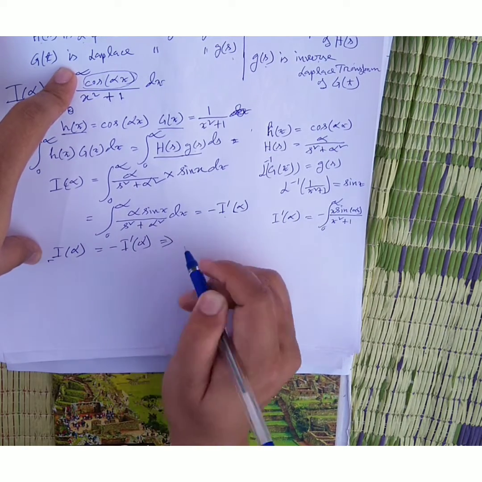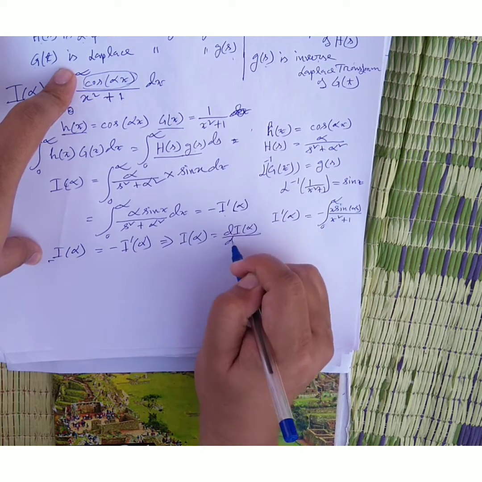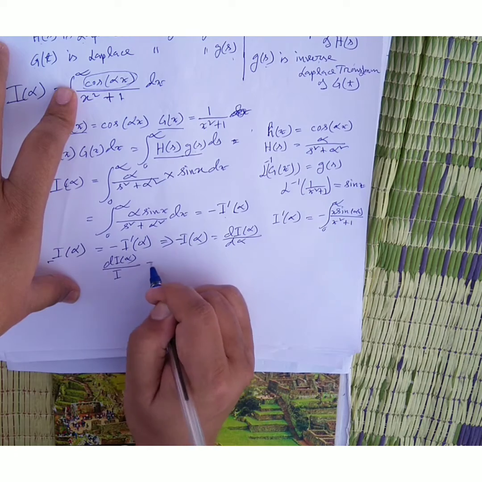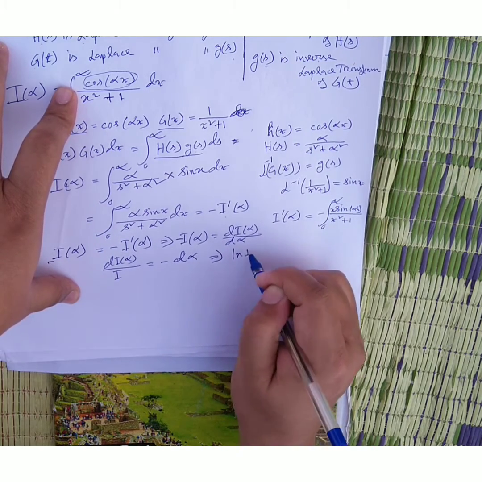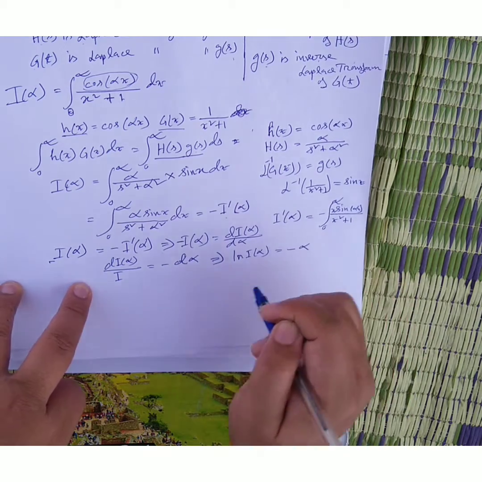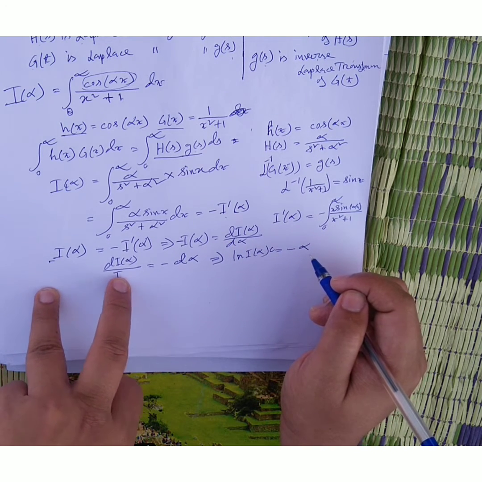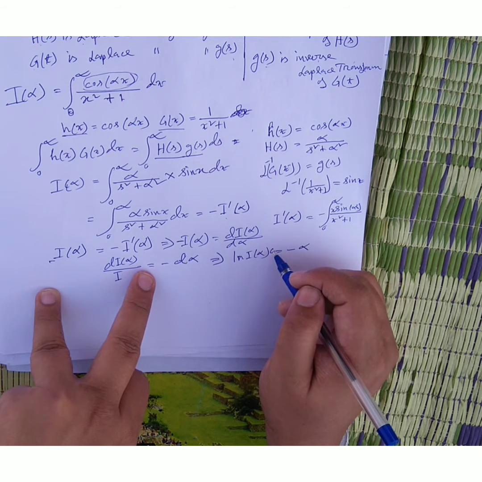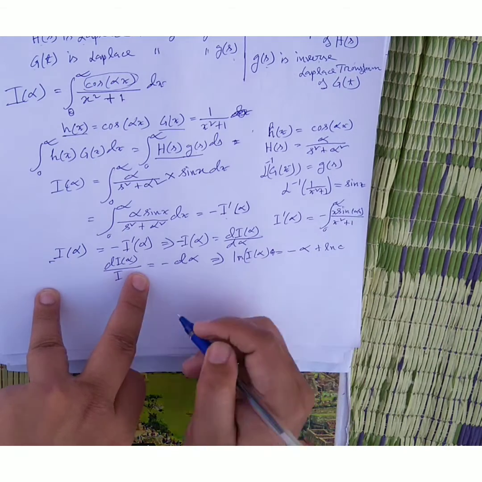Minus I dash alpha means I can write dI(alpha) by I(alpha) is equal to minus d alpha, and this gives ln I(alpha) is equal to minus alpha, plus ln c, since I can write the constant as ln c.